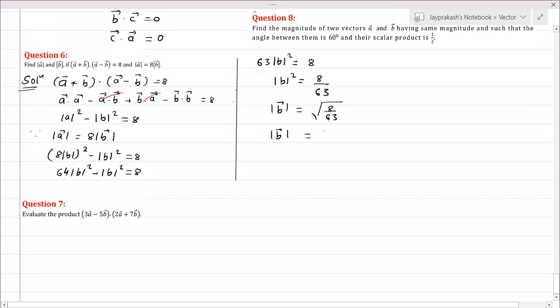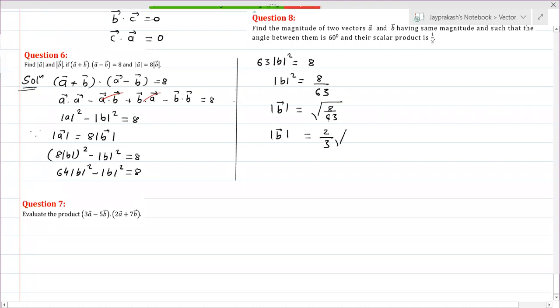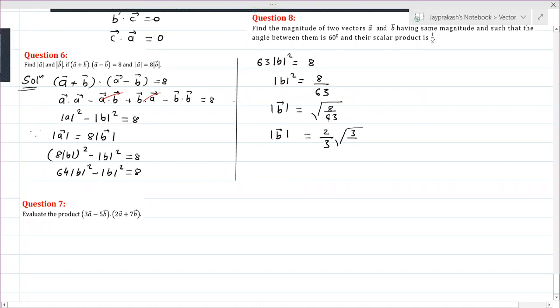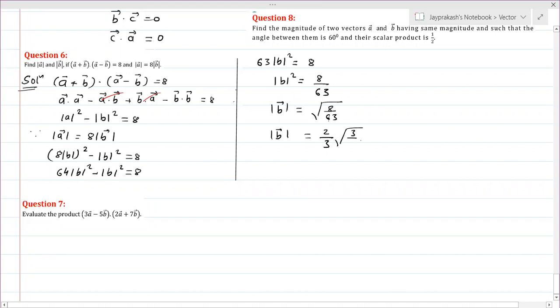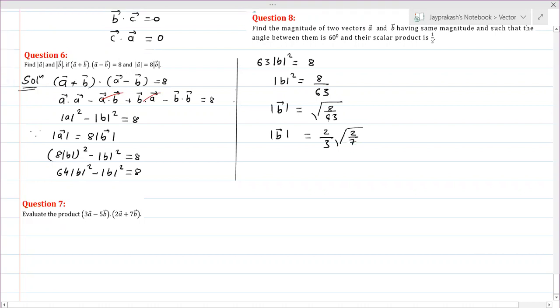So it becomes 4, that means 2, and in the denominator 9 sevens are 63. So it will be 2 root 2 by 3 root 7. This is the value of magnitude B.